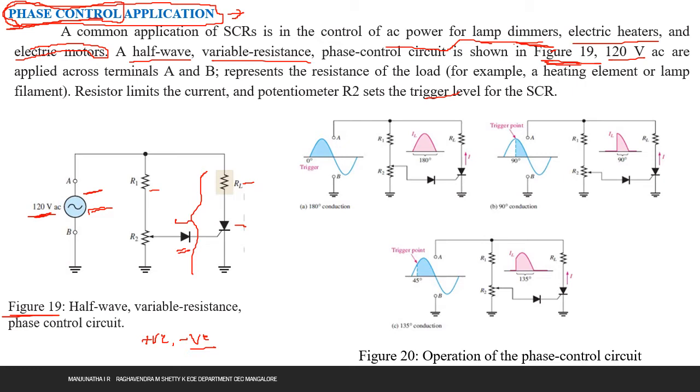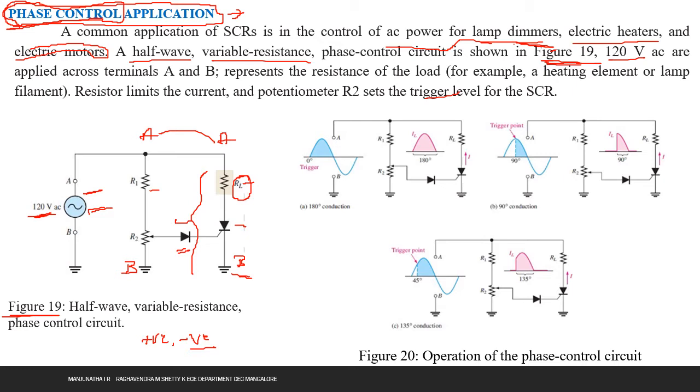Let's say these are terminals A and B, and they represent the resistance of the load. Here A and B, so load resistance here is RL.